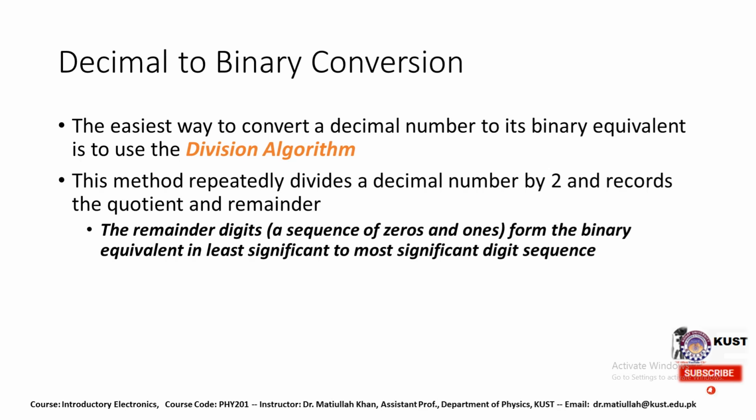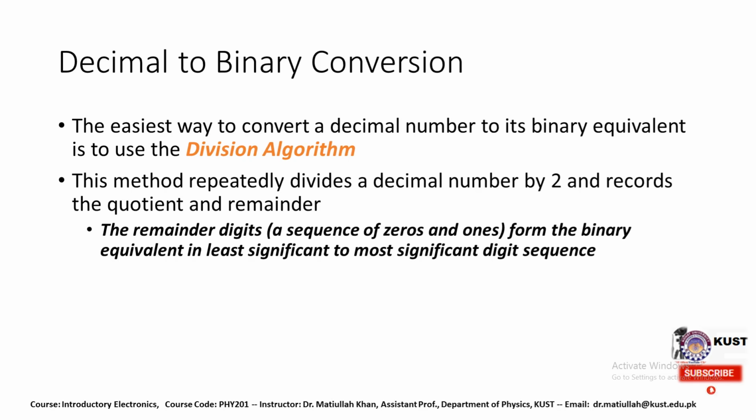So we have some conversion, how we can convert the decimal number system to the binary number system. The easiest way to convert a decimal number to its binary equivalent is to use the division algorithm. This method repeatedly divides a decimal number by 2 and records the quotient and remainder.